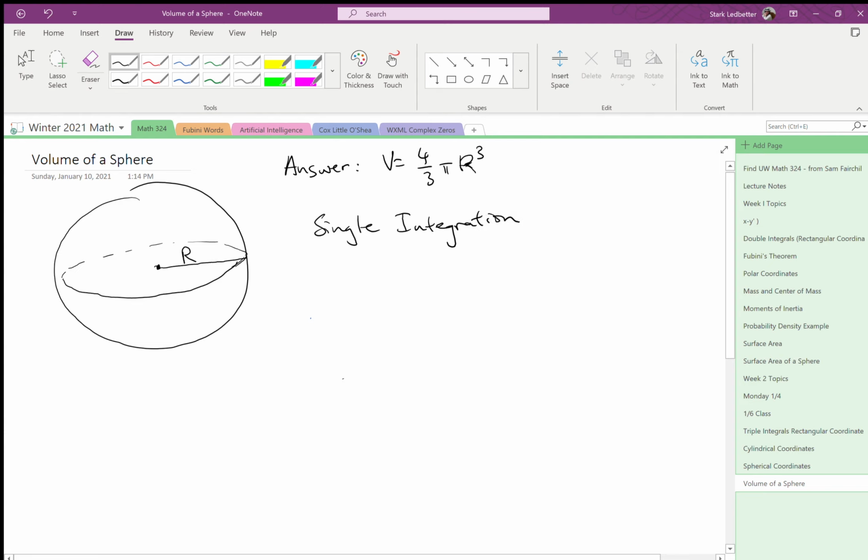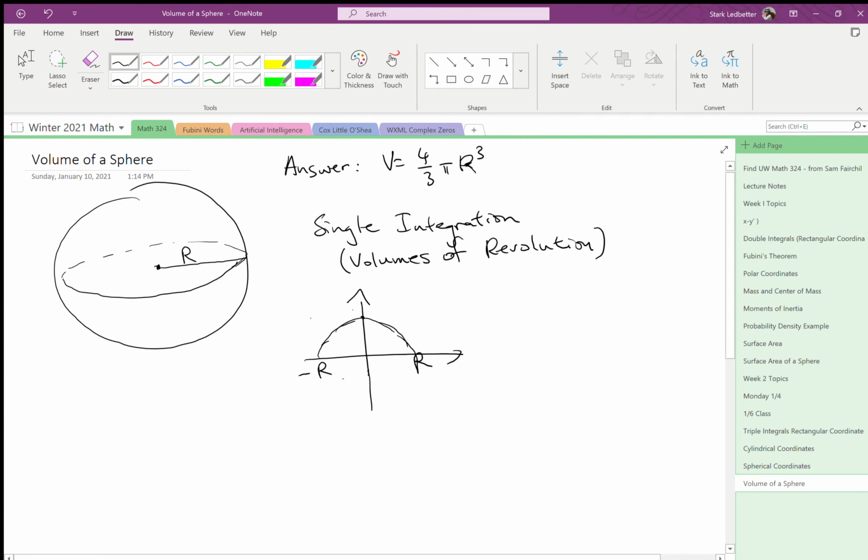And back in this course, either Math 125 or wherever you first learned about integrals, you called these volumes of revolution. So the way you got a sphere in this course, because you were stuck in 2 dimensions, is you had a circle, or probably actually just a half circle of radius r.